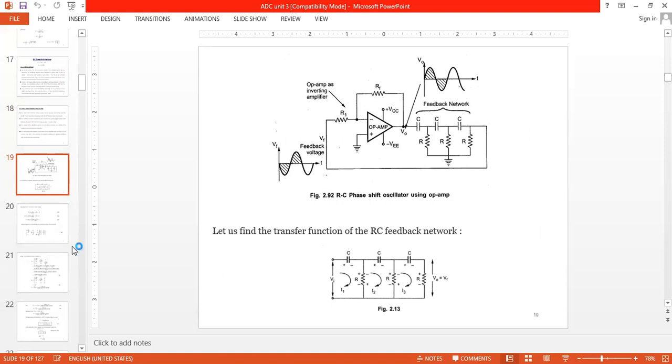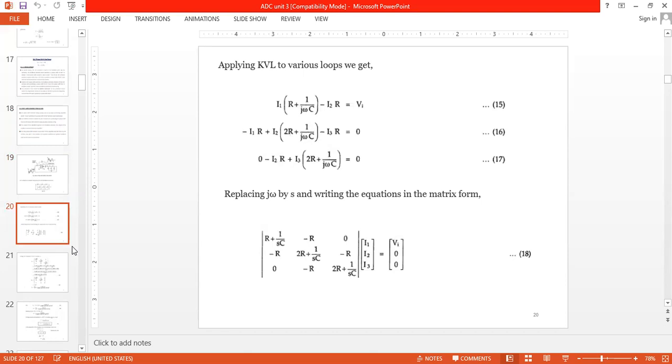Here we are connecting the feedback network: the RC phase shift network, that is, three capacitors and three resistors. So this is the derivation for the phase shift oscillator.